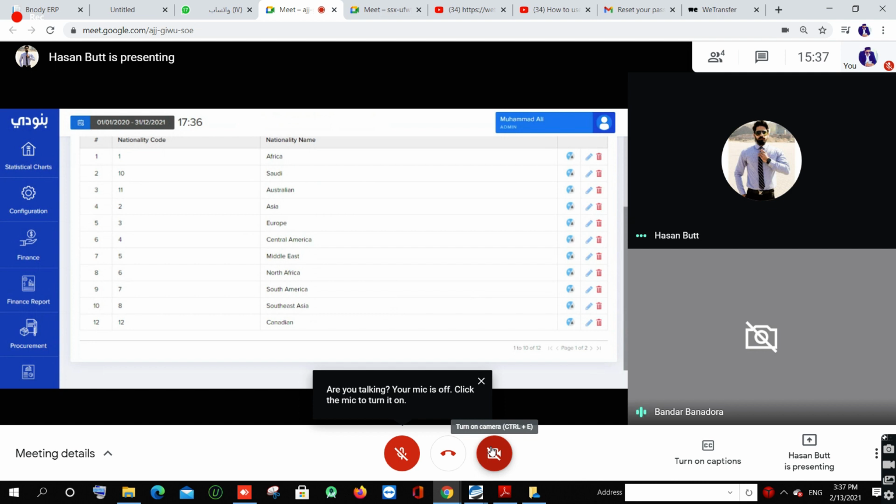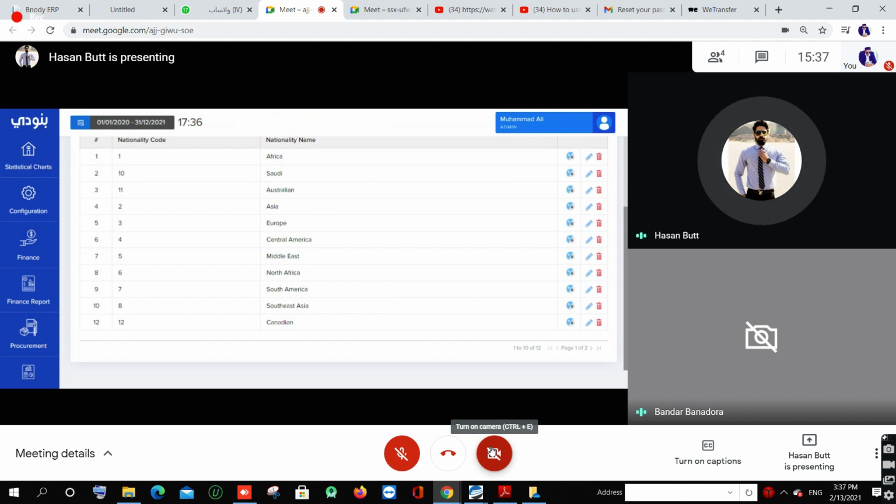Yes, it will be a trouble. So I think we should prepare all nationalities for users, and they do not have to enter this screen at all. All right, so I am adding it as a point: nationalities should be by default, and it should be hidden from the user. It should be restricted. The client should not change it, right?